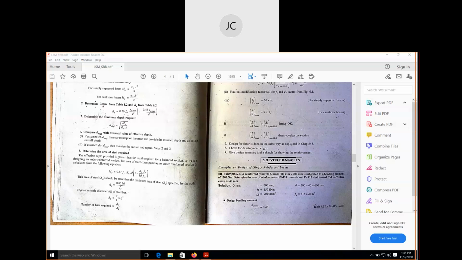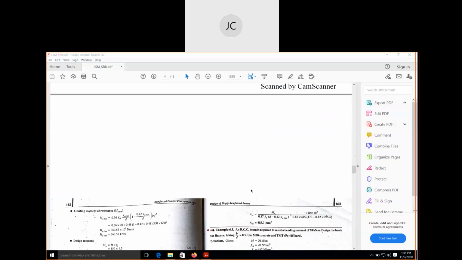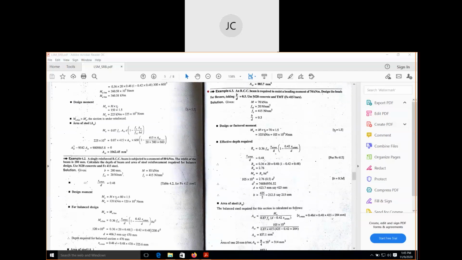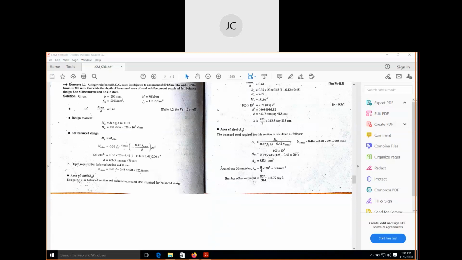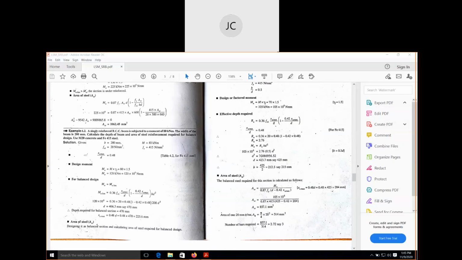Okay, so in the last class we were discussing example 6.1. Let us see the next one. Example 6.3 was also discussed in the last class. Let us see the next one. It is very easy. Do you have any doubt regarding the last class?